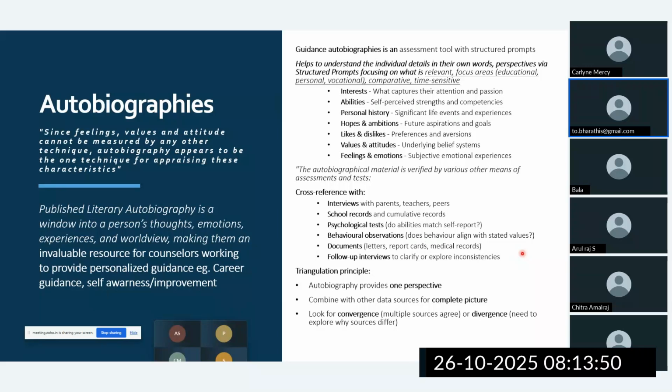So you cross-reference and validate whatever they say here, and it also gives us insight to reaffirm certain inferences we make. This triangulation keeps coming up in the entire context, right? Triangulation is where I try to make inferences across multiple tools and see them converge, to reconfirm that yes, it happens. So that is converging.